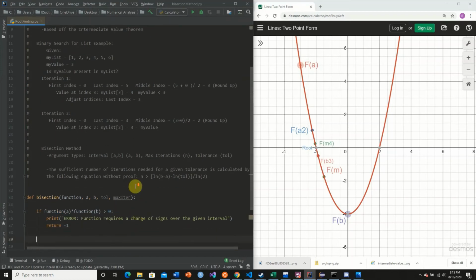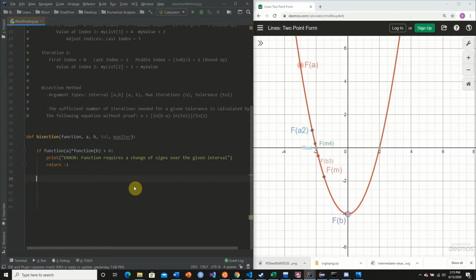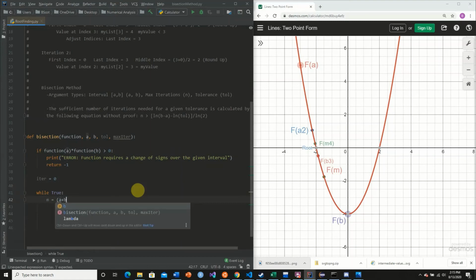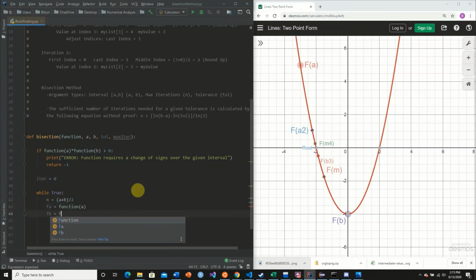So before we begin, we're going to keep track of our current iteration count. We're going to say while true, we're going to set our m, our middle value, equal to a plus b divided by 2, and then we're going to say f of a is equal to function of a, f of b is equal to function of b.